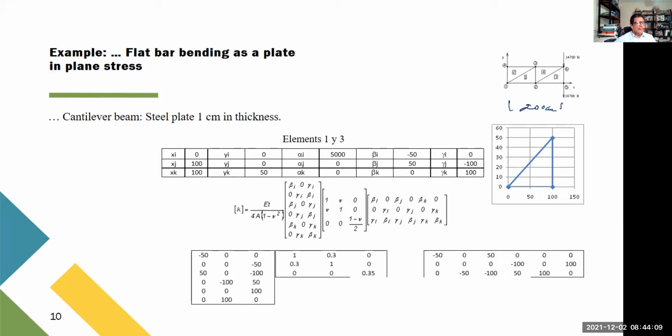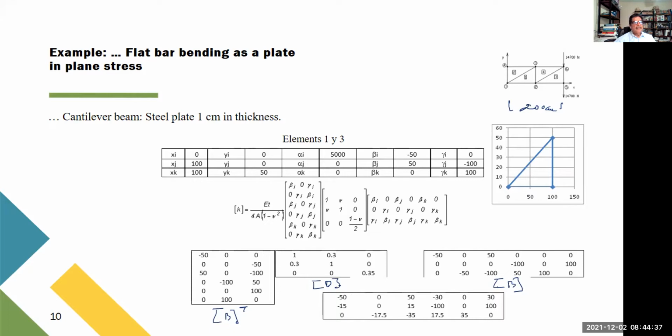Okay? So this is the application. This is B transpose. This is D, and this is B. What I've done here is multiply D times B first, and then the result of that is multiplied by B transpose. That's the result of multiplying D times B. This is 3 by 3, this is 3 by 6, the result is 3 by 6.